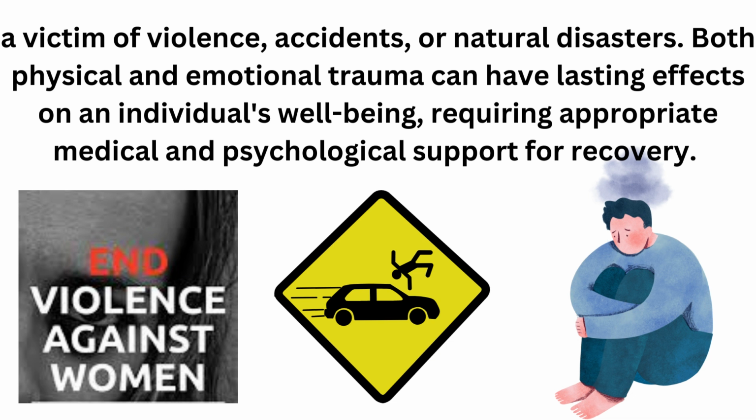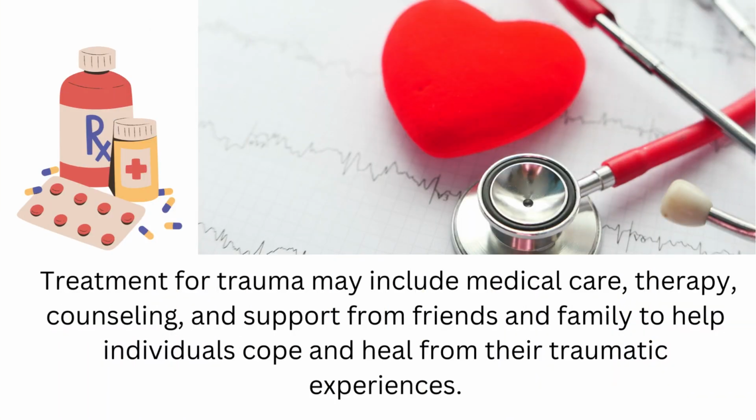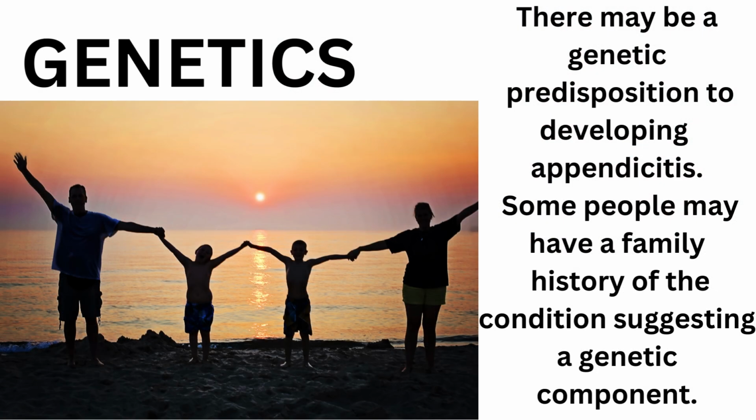Both physical and emotional trauma can have lasting effects on an individual's well-being, requiring appropriate medical and psychological support for recovery. Treatment for trauma may include medical care, therapy, counseling, and support from friends and family to help individuals cope and heal from their traumatic experiences.